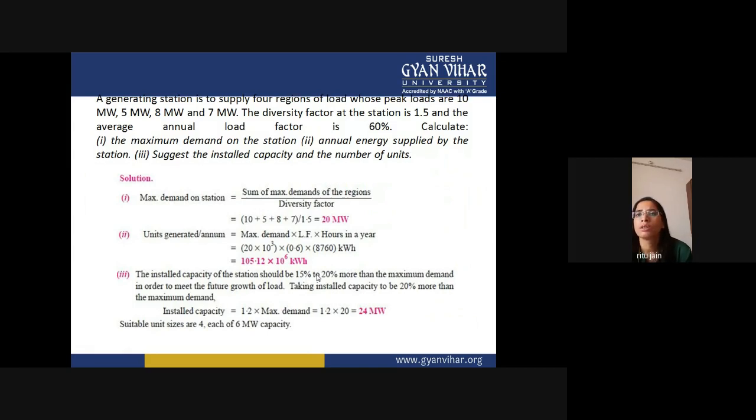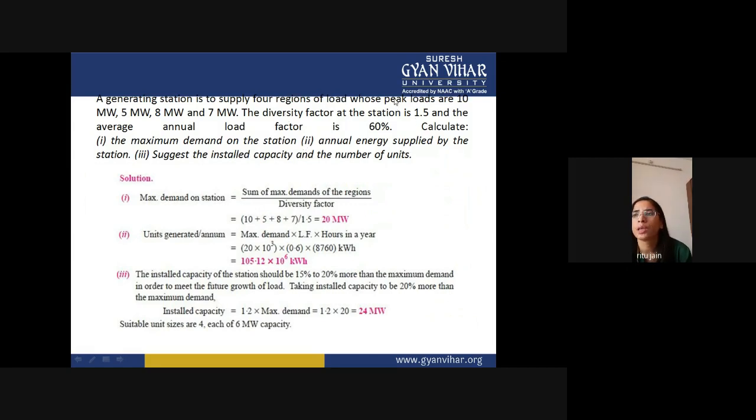You can see that the loads given are 10 megawatt, 5 megawatt, 8 megawatt, and 7 megawatt. Diversity factor is given. The formula for diversity factor is the sum of individual maximum demands divided by the maximum demand of the station. So you can easily calculate the maximum demand on the station using this diversity factor.